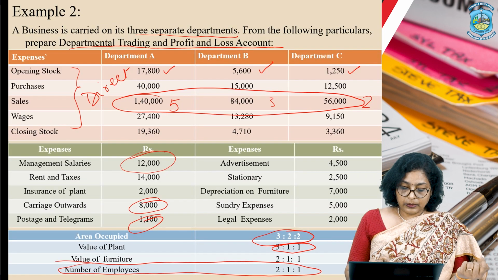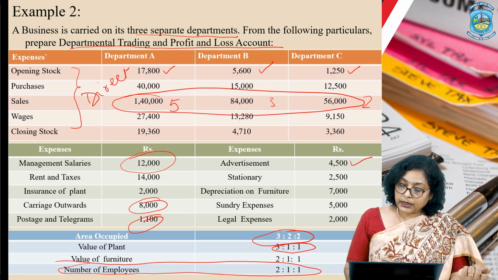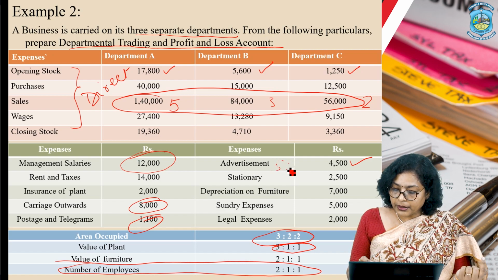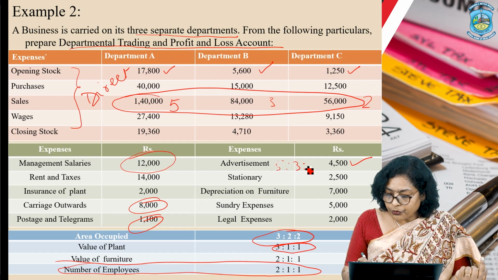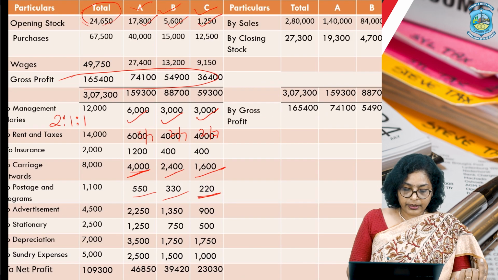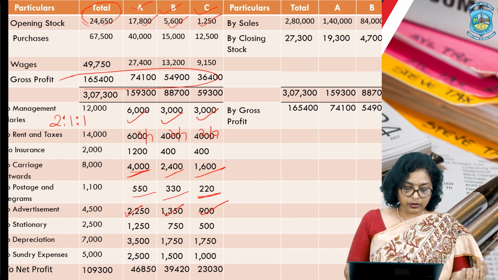After this, advertisement, that is 4,500. This is again a selling expense, which means it should be allocated on the basis of 5:3:2. So, 4,500 into 5 by 10, 3 by 10 and 2 by 10.